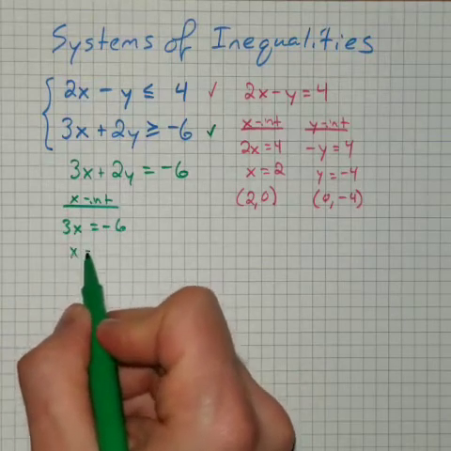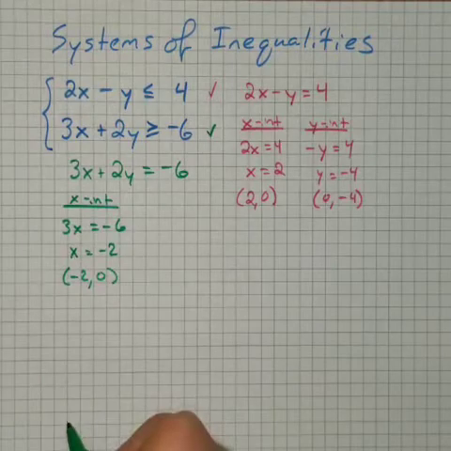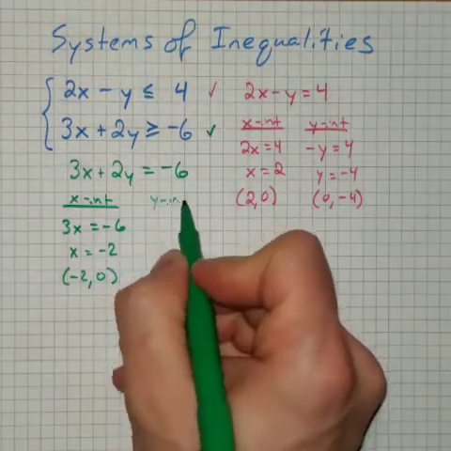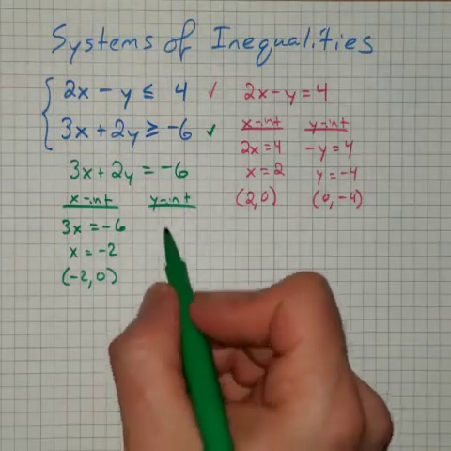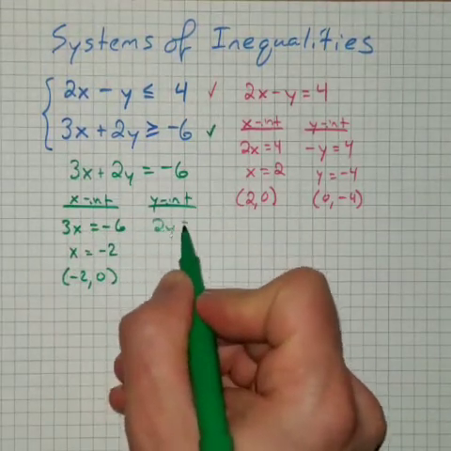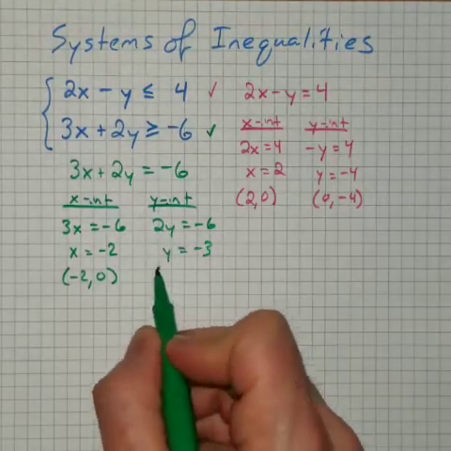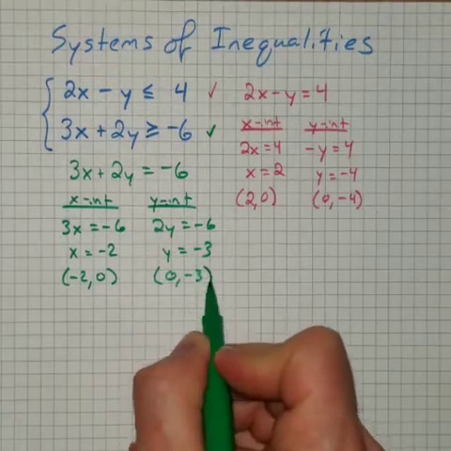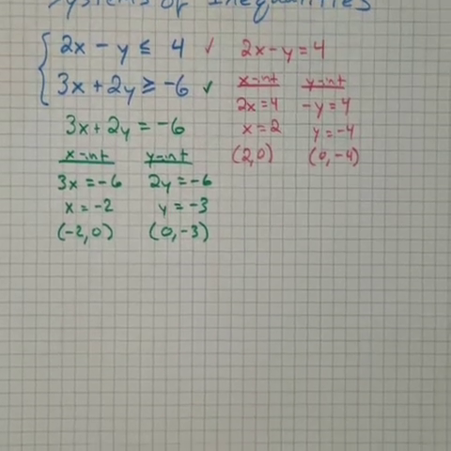Divide by 3, and x is negative 2, so that's (-2, 0) on the graph. And then for the y-intercept, that's when x is 0, so this first term disappears. We get 2y equals negative 6. Divide both sides by 2, get negative 3. So (0, -3) is on the graph. All right, that gives me good information.